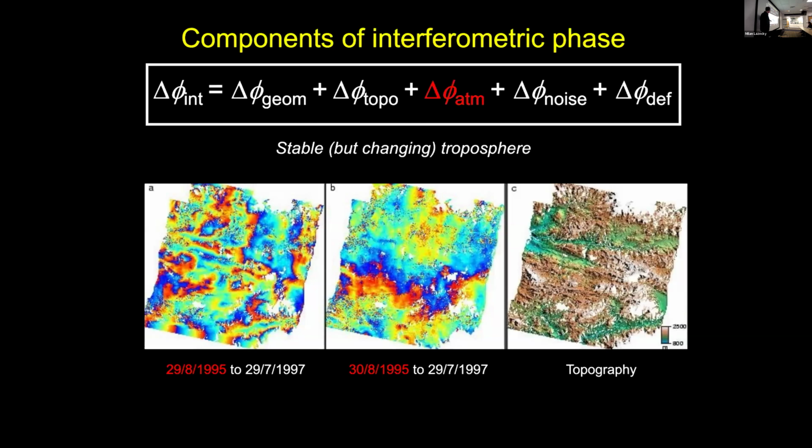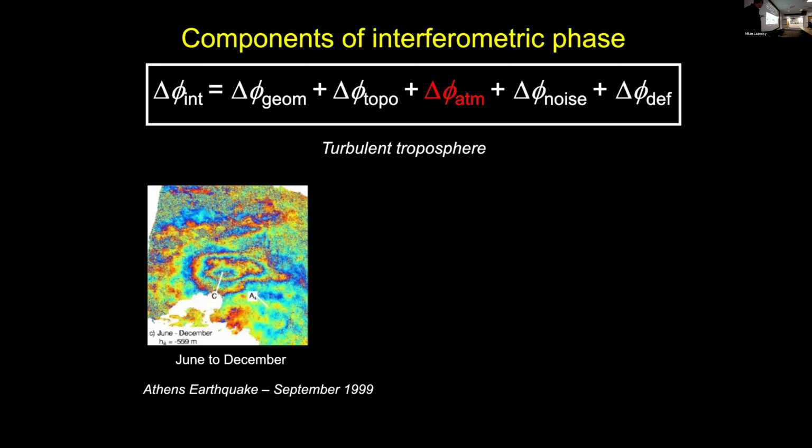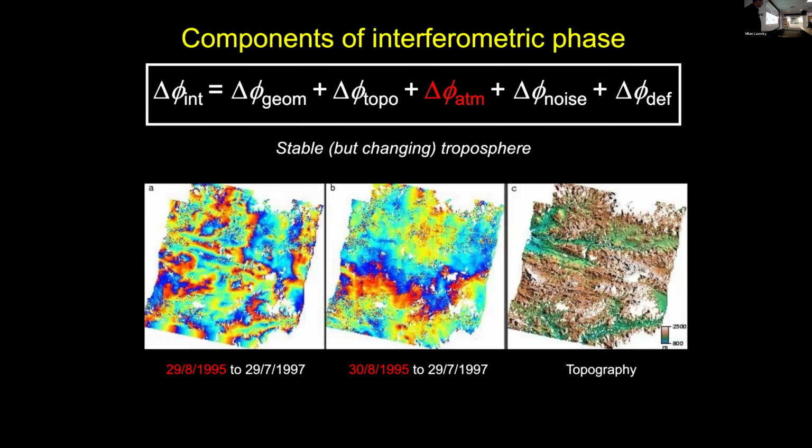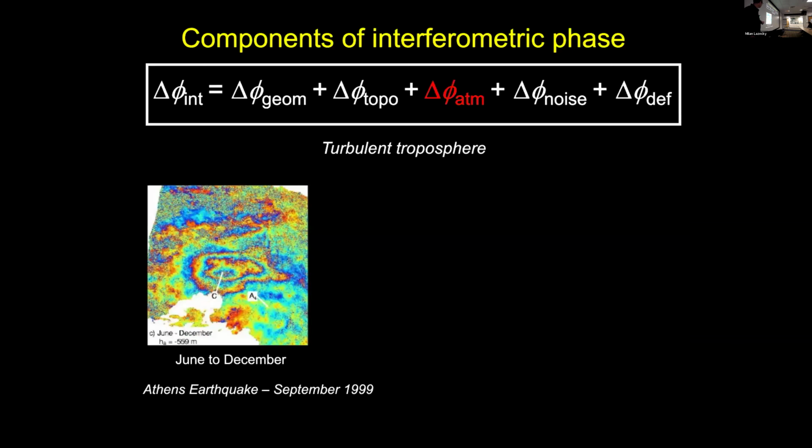So basically what had happened here was that the atmospheric conditions on these two dates, 95 and 97, were very similar, but there was a difference in the atmospheric conditions between the 29th and the 30th of August 95. Those are relatively easy to deal with, right? It's correlated with topography. You can look for those correlations and make a correction.